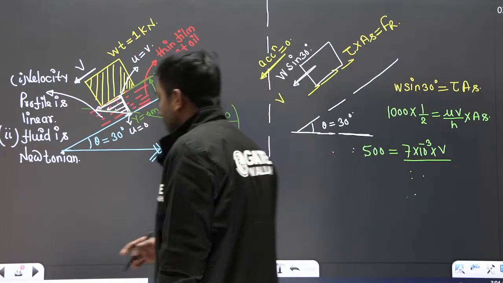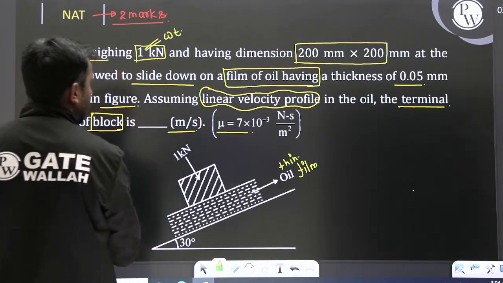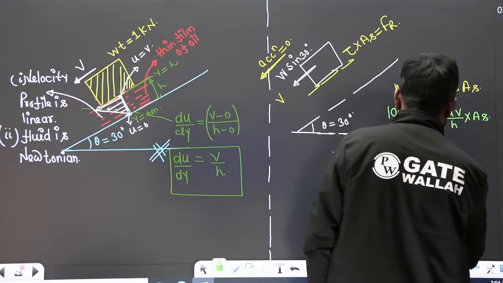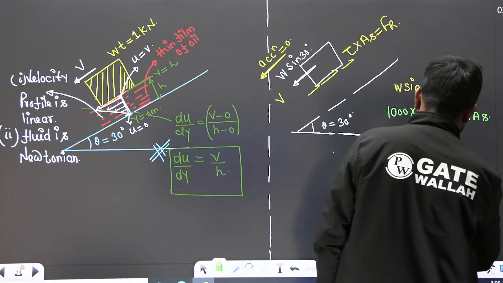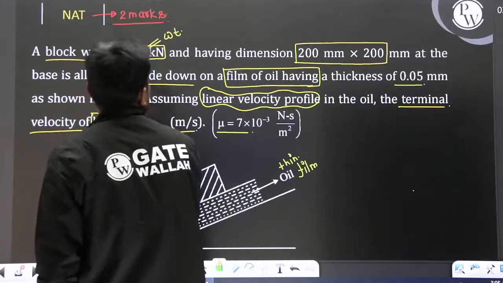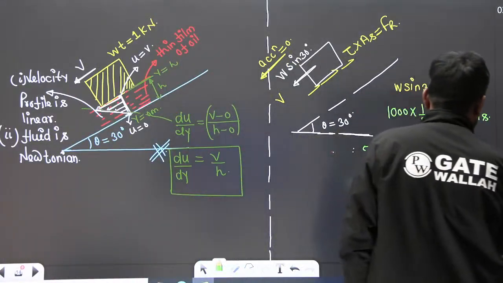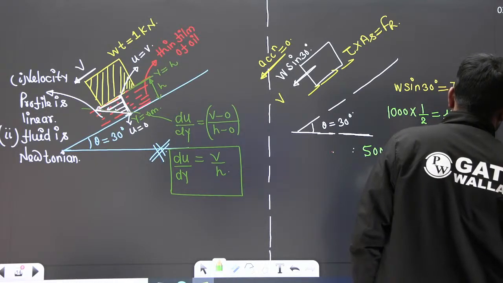And what about h? h is given as 0.05 mm, so we write 0.05 into 10 raised to the power minus 3. And the dimension is given as 200 mm by 200 mm, so we write 0.2 and 0.2.